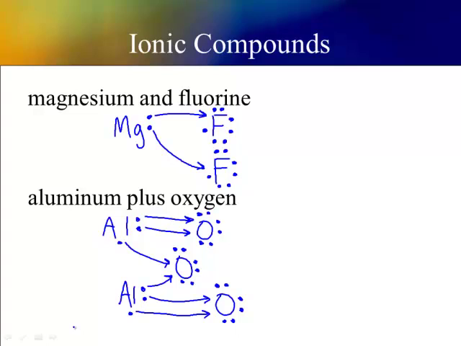Now all the atoms involved are stable. It takes 2 aluminums and 3 oxygens for all the atoms involved to be stable ions. We know that Al2O3 is the correct formula for aluminum oxide. This illustration shows us why.